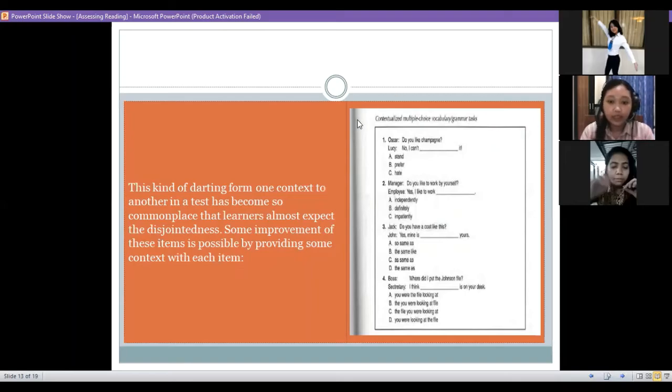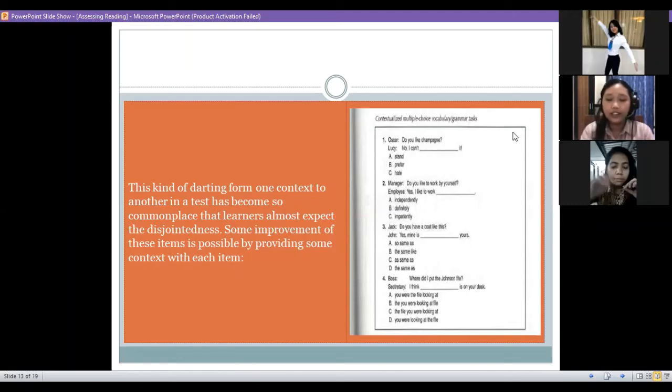For example, contextualized multiple choice vocabulary or grammar tasks. The first one, number one, is, Oscar, do you like company? And then Lucy said, no, I cannot blah blah blah it. And if the correct answer is A, you can circle A.